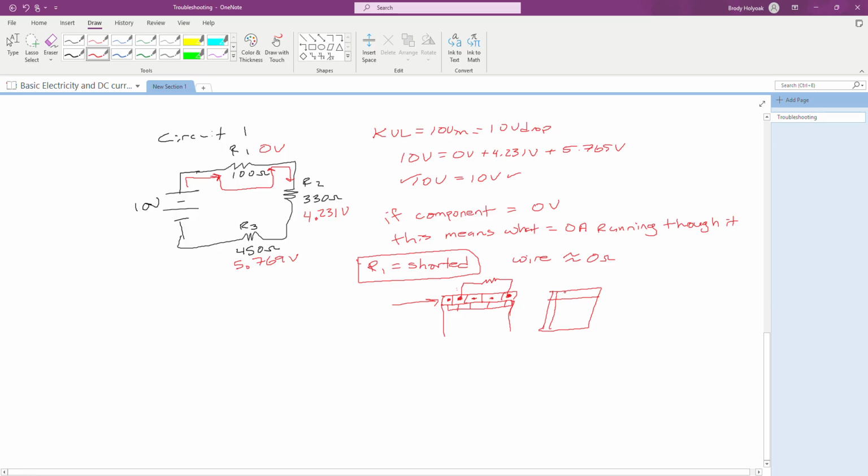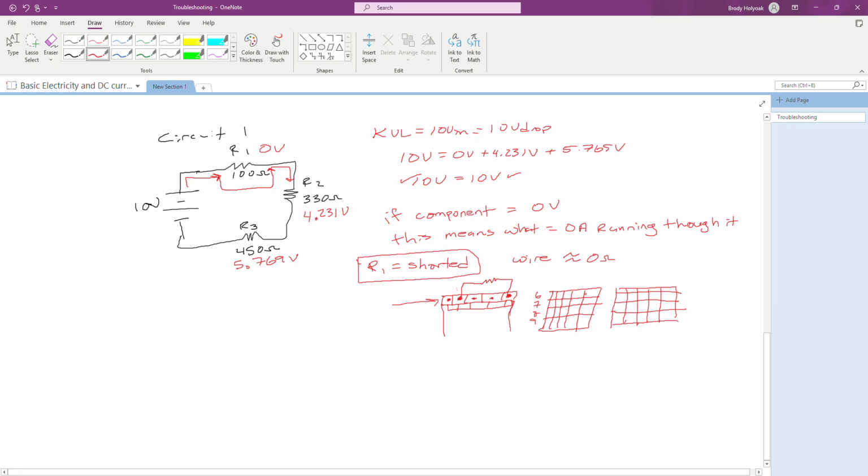So then what I will have is my, let's see, 1, 2, 3, 4, 5. So this is like row 6, 7, 8, and 9 on my breadboard. Then I have that gap, and 1, 2, 3, 4, 5, 1, 2, 3, 4.